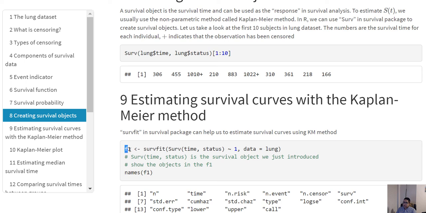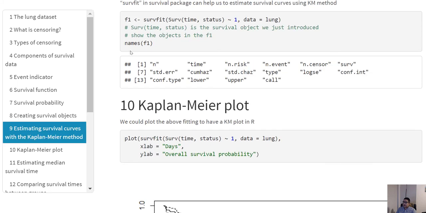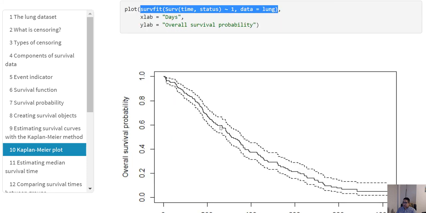So this F1 that we built by using survfit is just going to be the Kaplan-Meier estimates, and you can plot that. You could plot F1 directly, or you can have the whole function down here and plot it, and you can define the x and y limits in the plot.